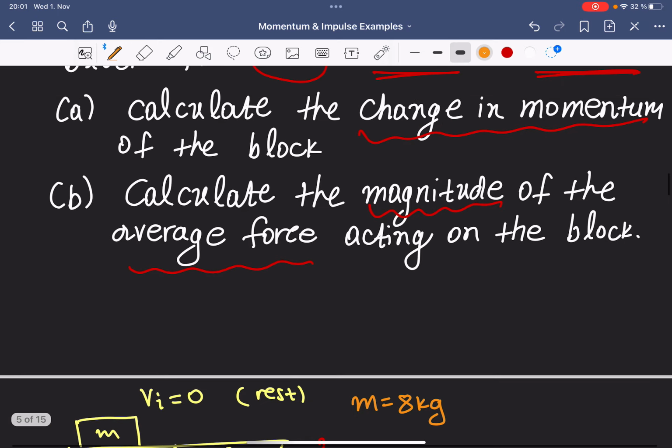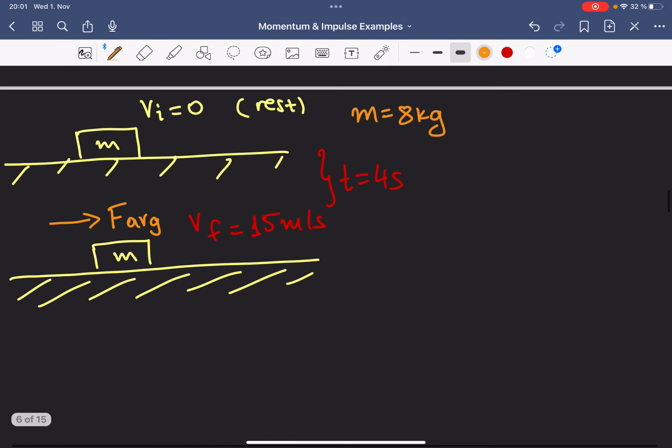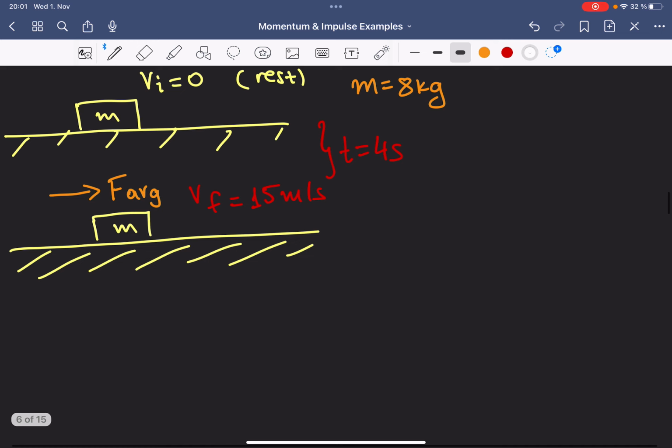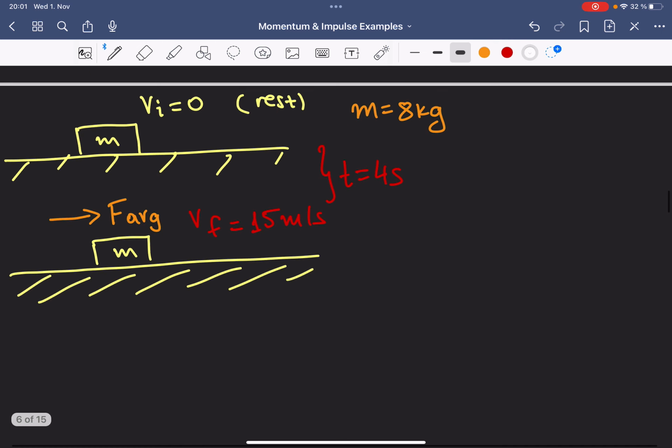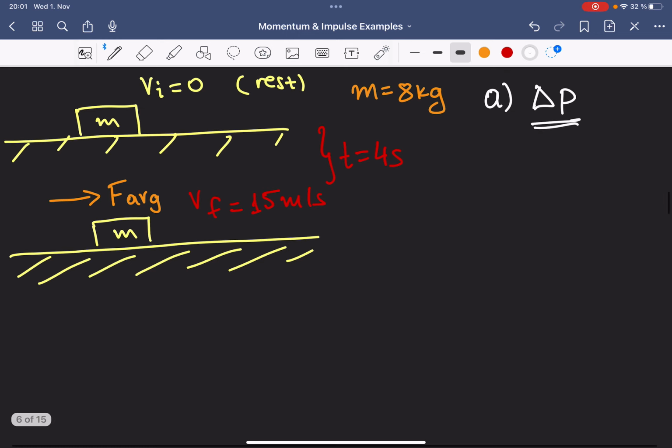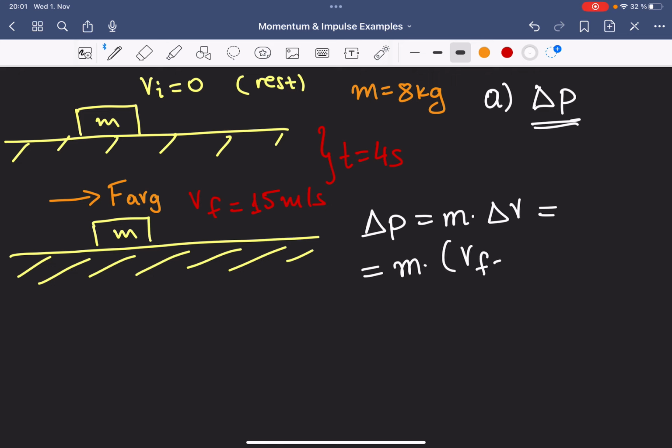For question A, the change in momentum, the delta P. That's what we want to calculate. Now we know that delta P is going to be m times delta V. We can rewrite delta V as V final minus V initial.